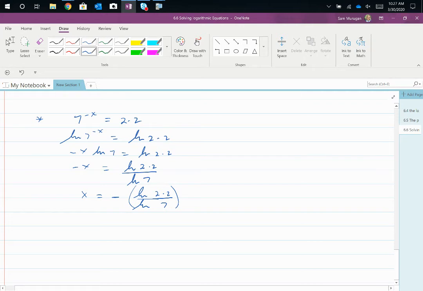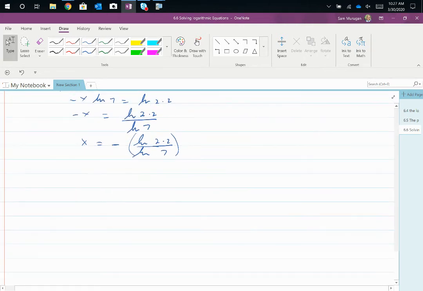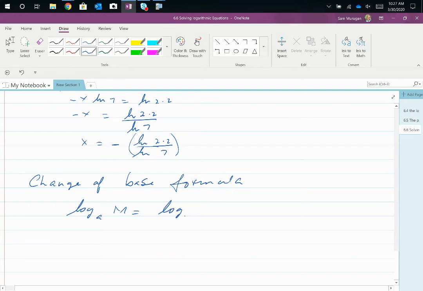FYI, there's a couple of other ways to do this, and this is where I want to mention the change of base formula, which says that log base A of m can be written as log base B of m over log base B of A.